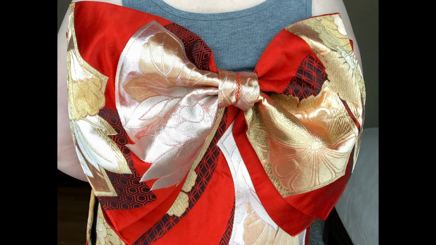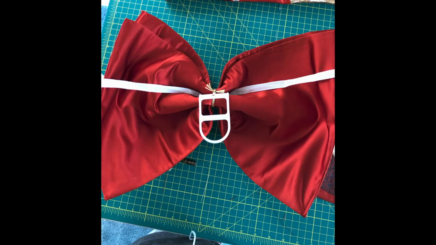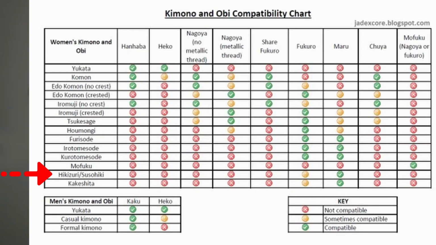One example is the obi that I ended up choosing for my cosplay actually velcros on the side, and I created a fake bow in the back. I did this for a couple of reasons, one of which is that it helps me get dressed completely by myself as opposed to tying the obi. Typically there's a specific type of obi tie used for the level of formality of the obi that I chose, with different levels of formality based off of the width.